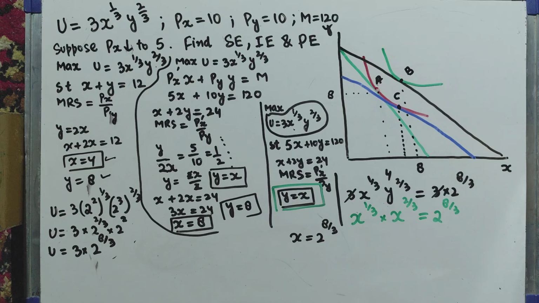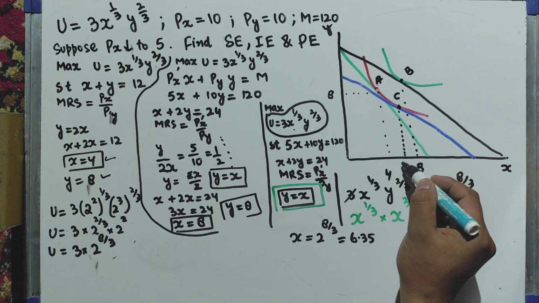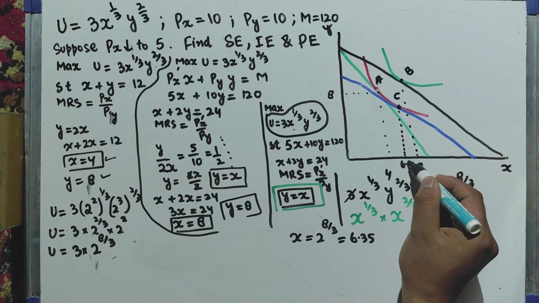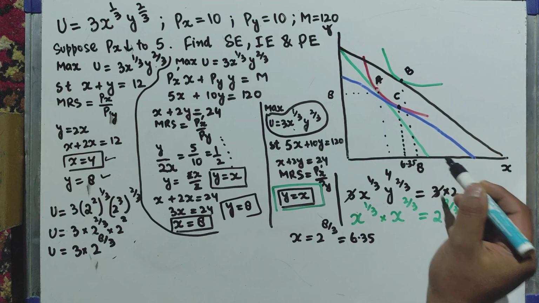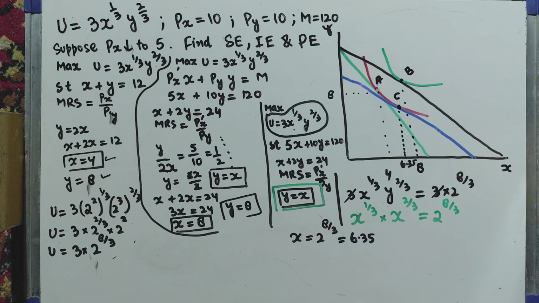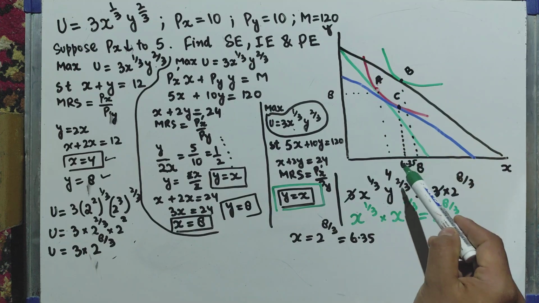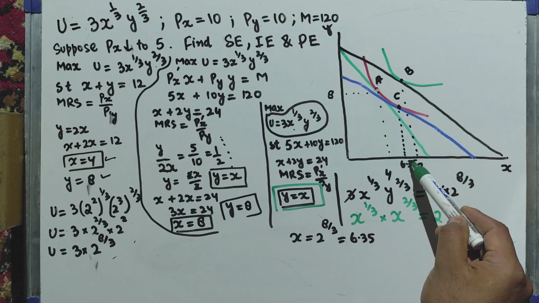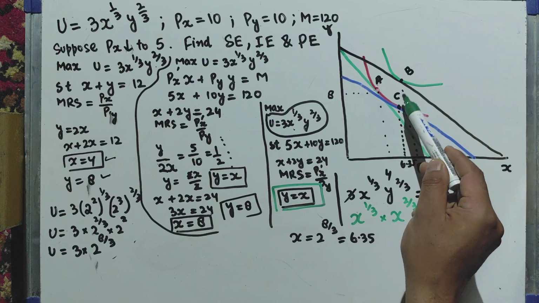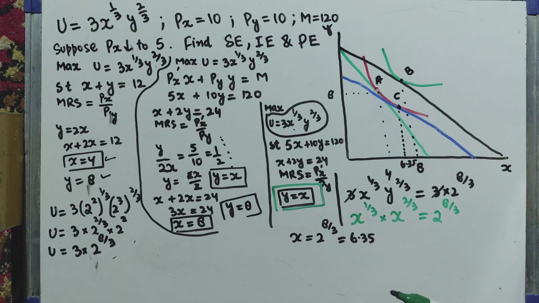So it comes out to be 6.35. Okay, so this point is 6.35. Now see here, the movement from A to C denotes the substitution effect, and the movement from C to B denotes the income effect.